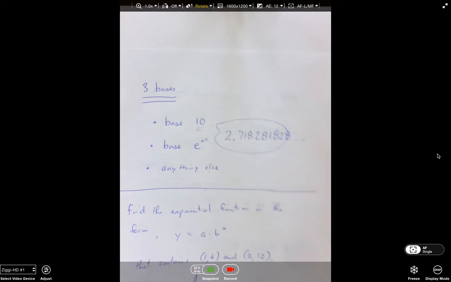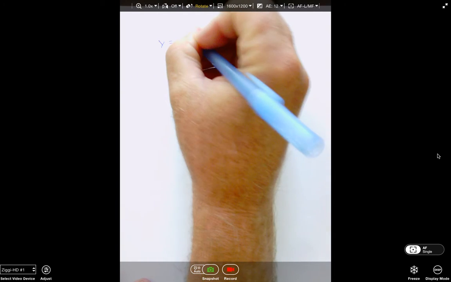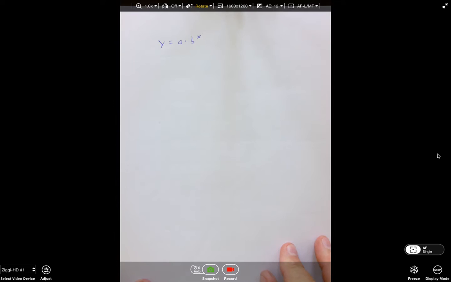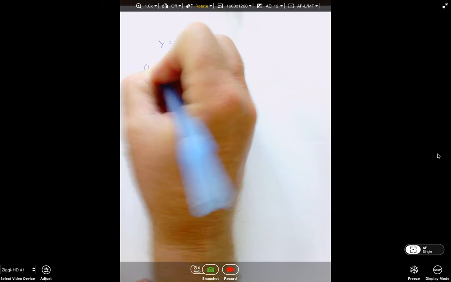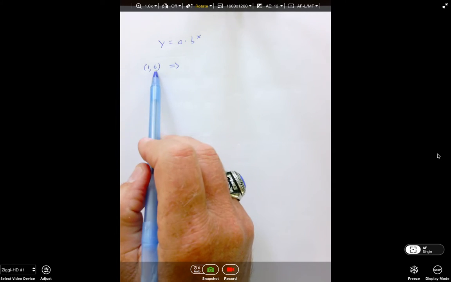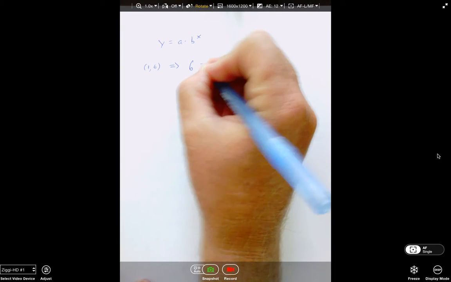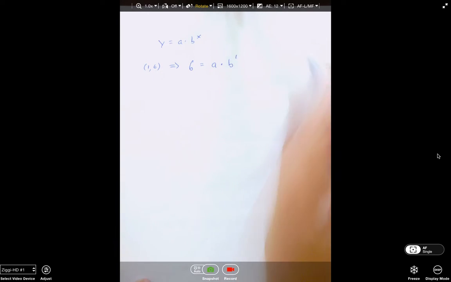Here's the way I want you to get in practice of solving these. First thing I want to do is, for y equals a times b to the x, create the relationship with these points. When I have (1, 6), this tells me that when y is equal to 6, a times b raised to the 1 power gives this relationship.